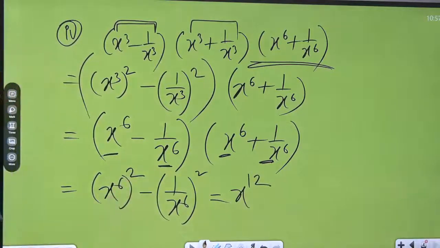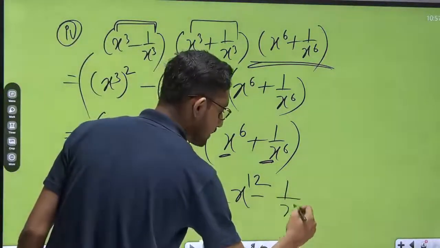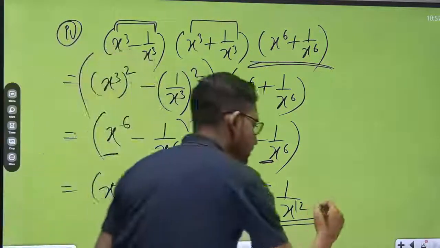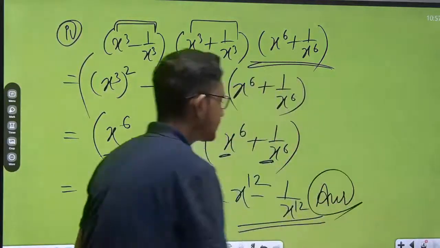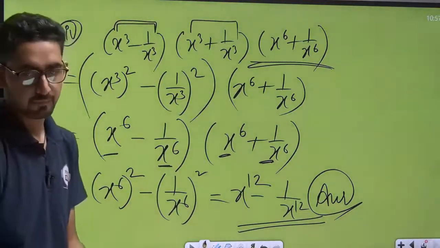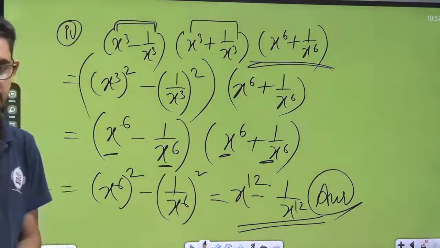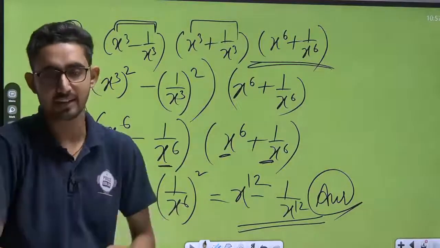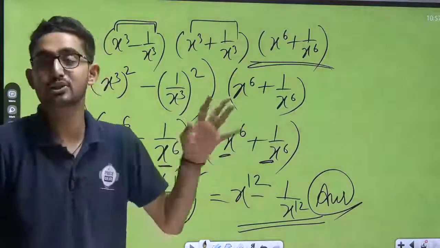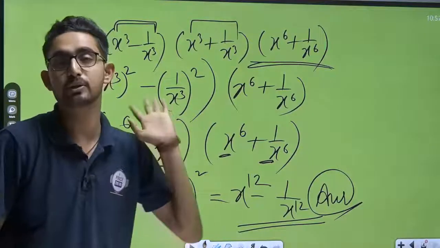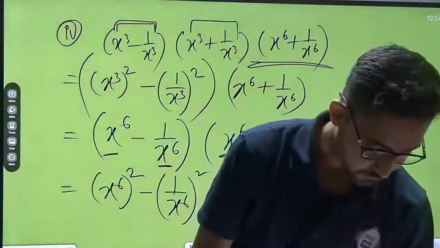So we can say again a square minus b square, and the answer will be, क्या होगा आंसर, x to the power 12, because 6 2 is 12, minus 1 upon x to the power 12, and that is your 100% correct answer. I write down here x to the power 12 minus 1 upon x to the power 12. Okay, no issue, very easy, very good.